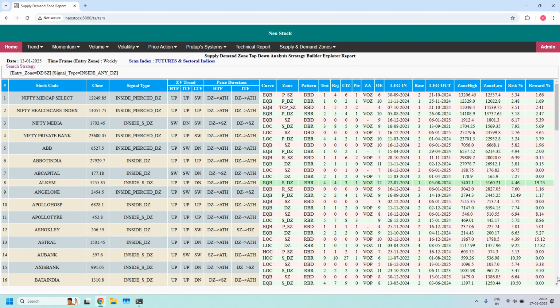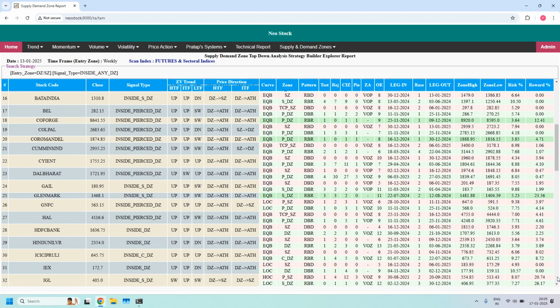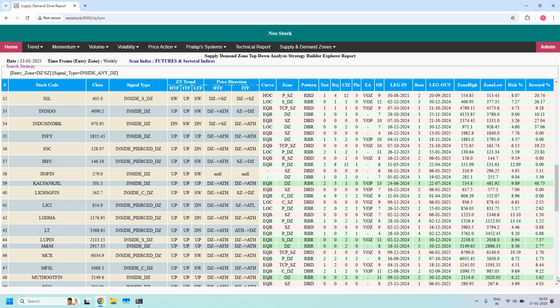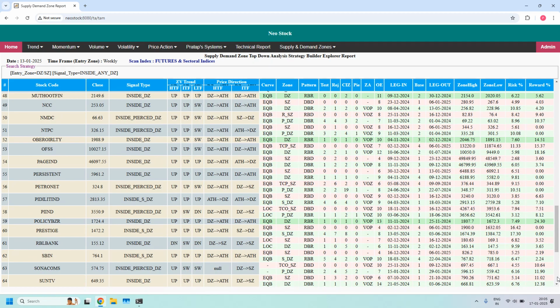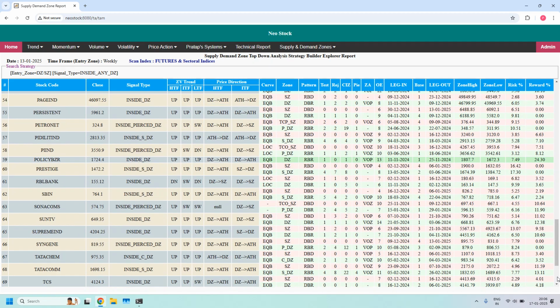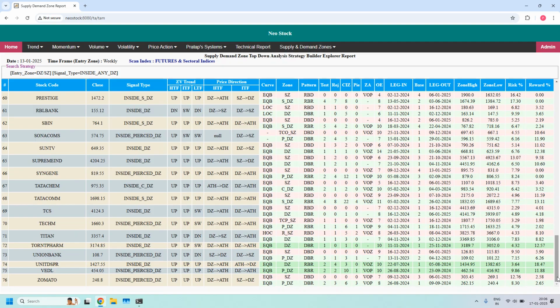I scroll the list down. So total 76 stocks are filtered where price closed inside the weekly demand zone.